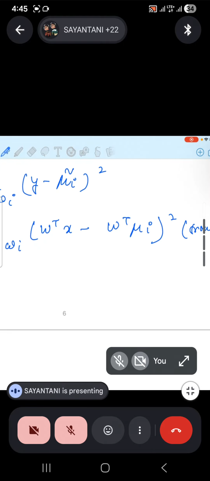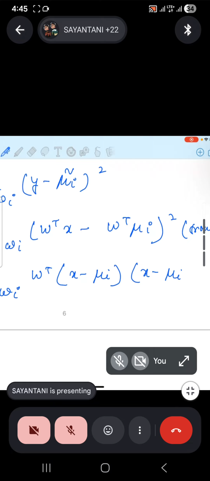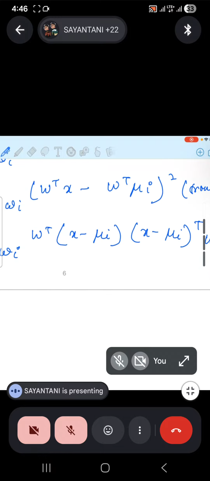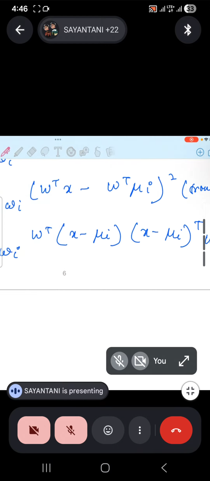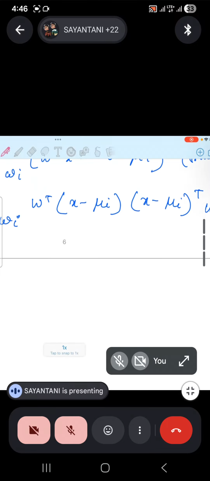Now this thing can be written as, for X belongs to omega I, that is one particular class, W transpose (X minus mu I)(X minus mu I) transpose into W. So how am I writing this equation? I'll just give you this rough work part. I'm writing over here so that you can understand.